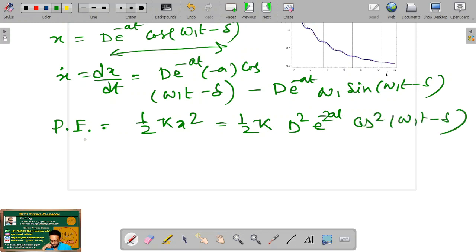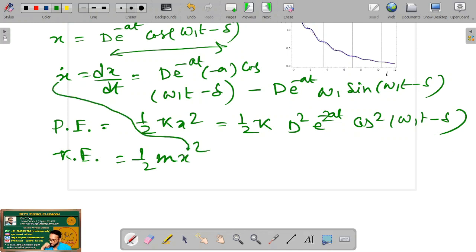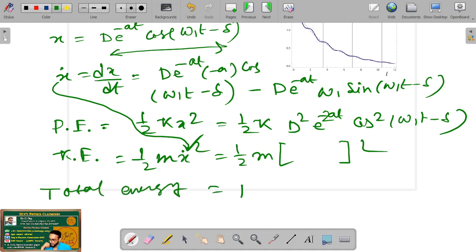So this is the expression for potential energy, and similarly for kinetic energy we get half m x dot square, and we have to put the value of x dot here. So we get half m into the expression for x dot square. So the total energy would be kinetic energy plus potential energy. This is the potential energy part and this one is the kinetic energy part.